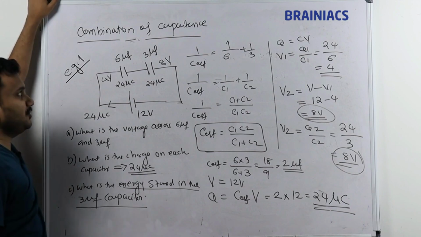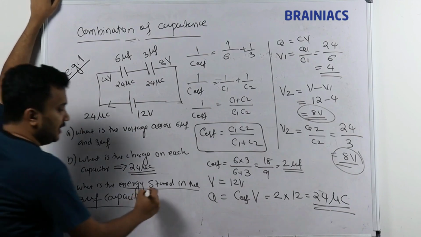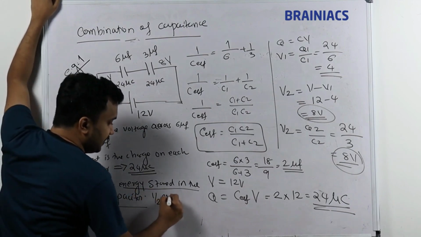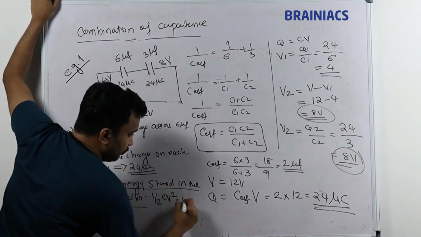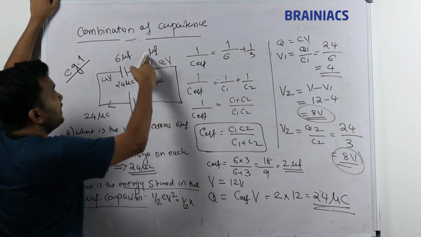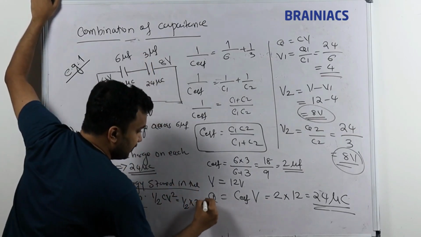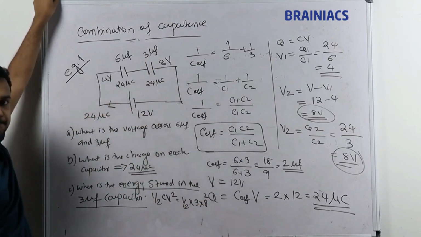Next question, what is the energy stored in the 3 microfarad capacitor? How to find the energy stored? The formula is half CV square. For the 3 microfarad, it is equal to 1 by 2 into C, which is 3, into voltage, 8 square.